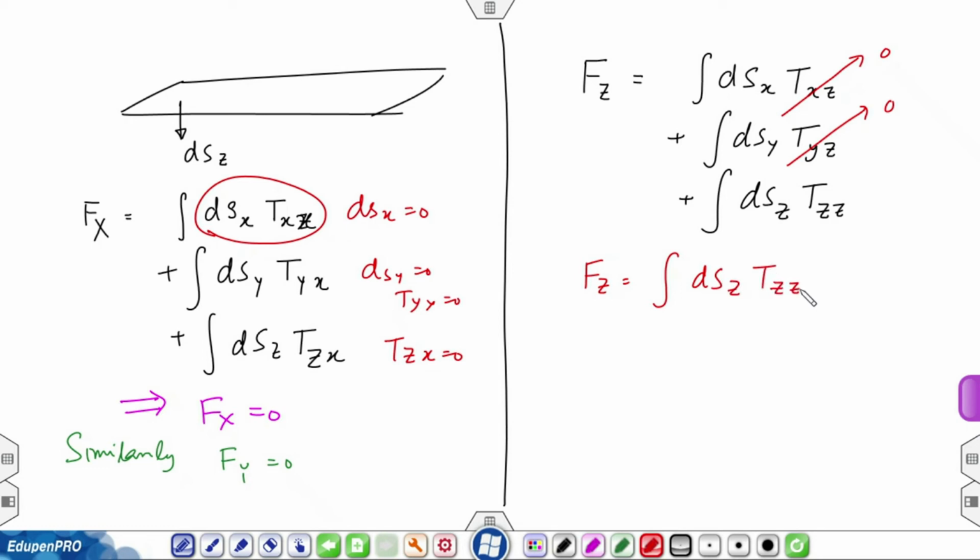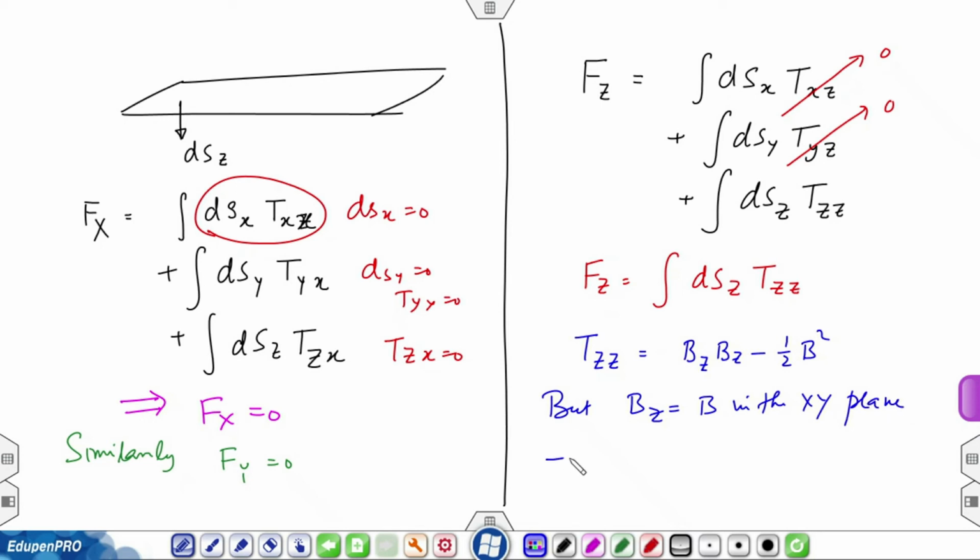So, only quantity I need to calculate for calculating the force on this hemisphere is going to be t z z, and t z z is going to be b z b z minus half b square, but b z equals b in the x y plane. So, this implies t z z is equal to 1/2 b square.